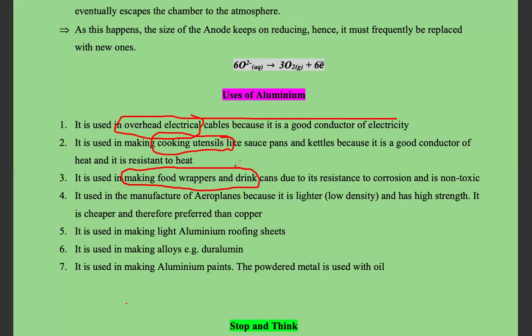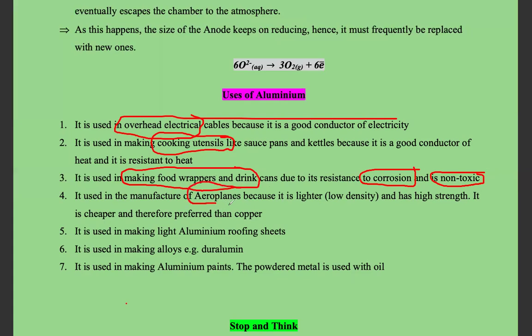You find that the wrapper which seals the butter is made of aluminium because it's resistant to corrosion and it is non-toxic. It's not poisonous. Even most tinned food, they use aluminium because it's non-toxic and it's resistant to corrosion.